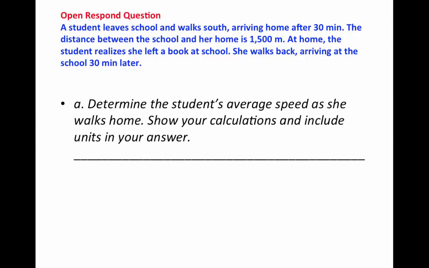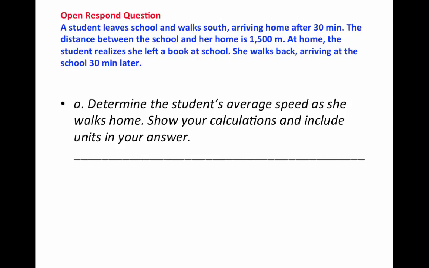Now we will start the open response questions. A student leaves school and walks south, arriving home after 30 minutes. The distance between the school and her home is 1,500 meters.